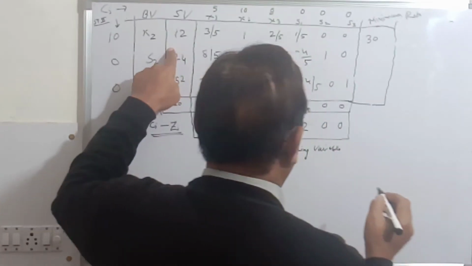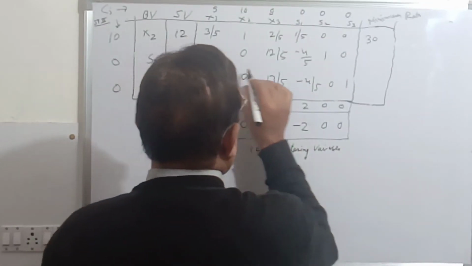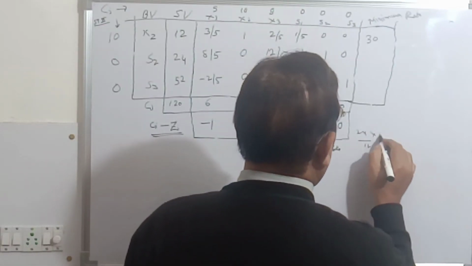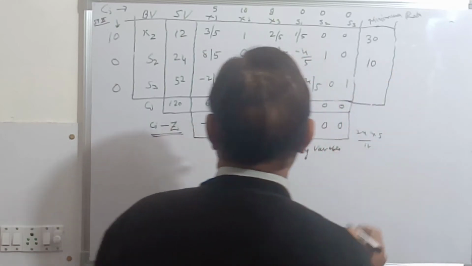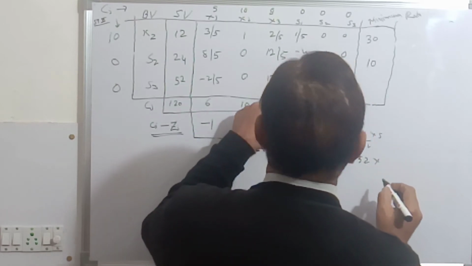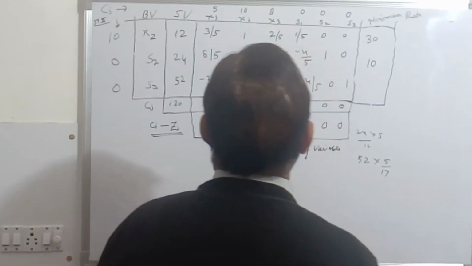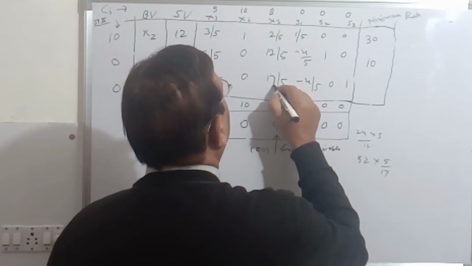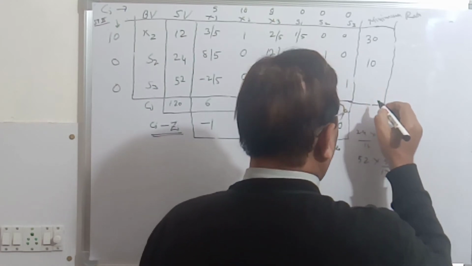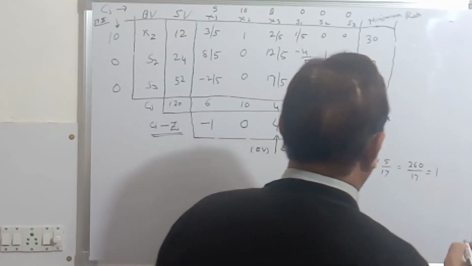Then 24 divided by 12 by 5, 10. Then 52 divided by 17 by 5.